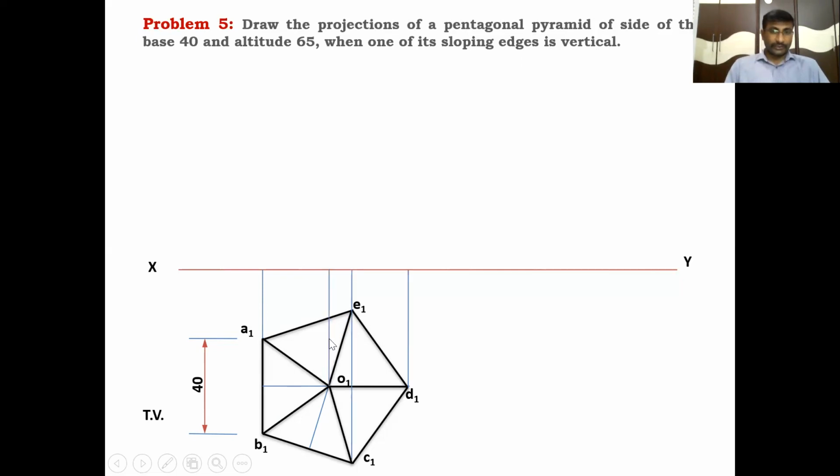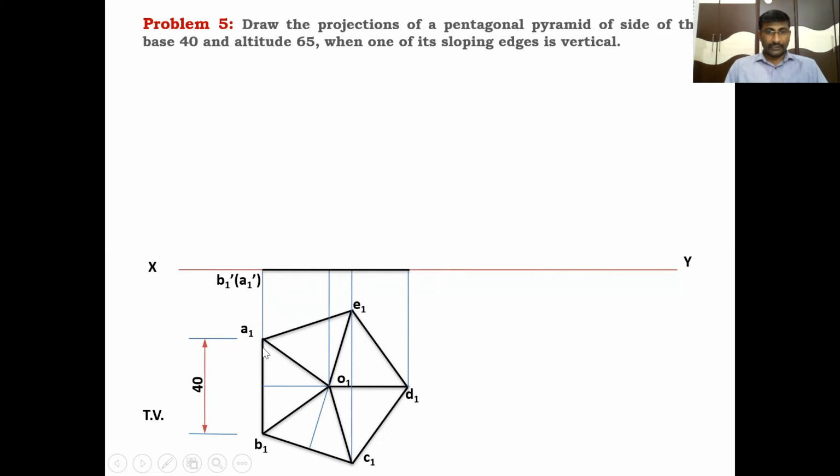Draw the projector lines from each point of the top view, and we will get the base points. This is the base of the pentagonal pyramid. The points B1 and A1 coincide with each other because they are in the same line. When looking from this side, this corner is visible and this corner is invisible.